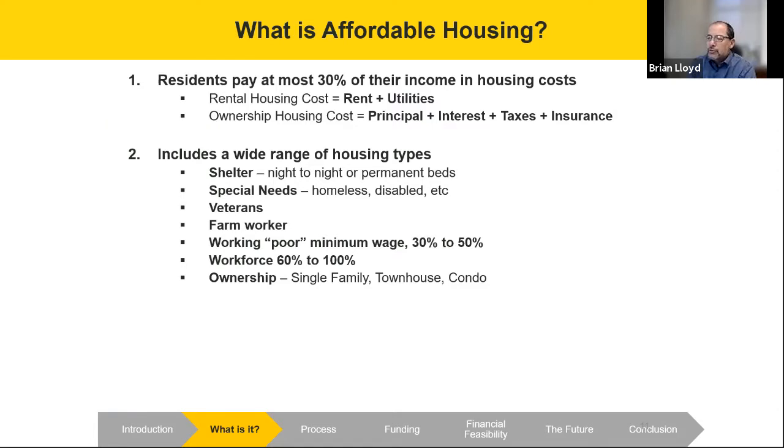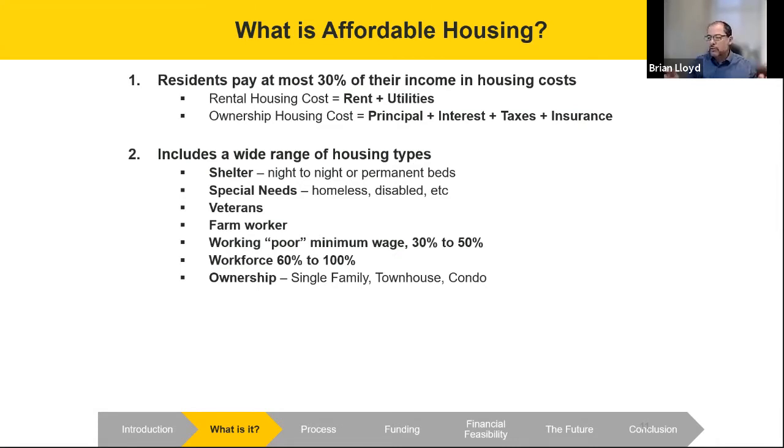So housing types included in the definition of affordable is quite a broad range. It can include anything from night-to-night shelter to special needs, specific populations like vets or those with disabilities or farm workers, working "poor" folk.